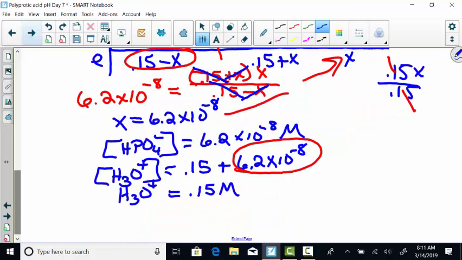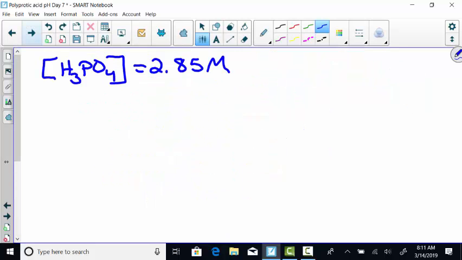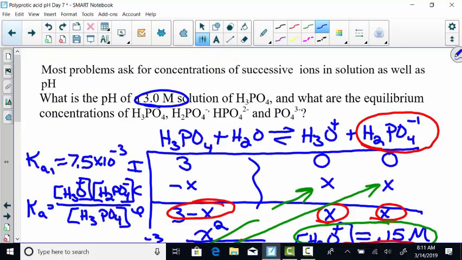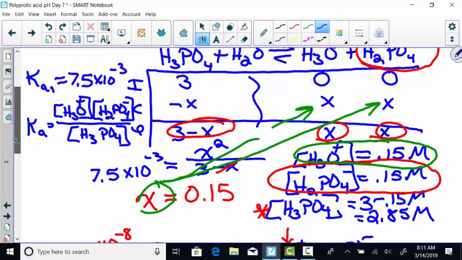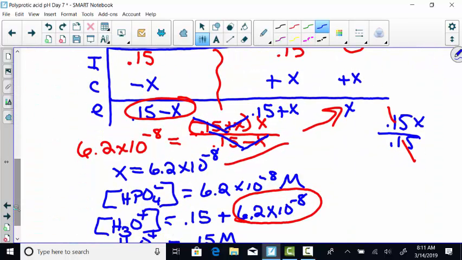So, going over a page, I would have a concentration of H2PO4 minus, and that concentration is right here.